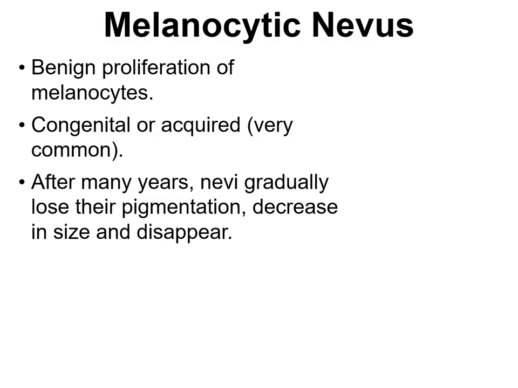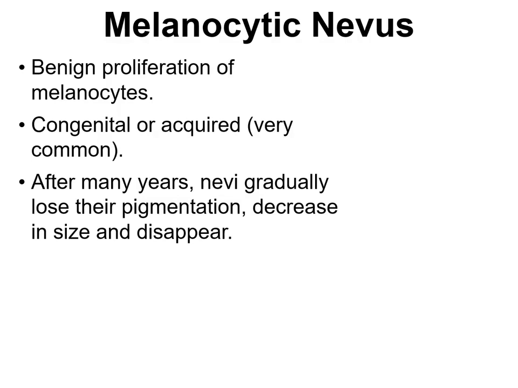So any patient born with a lesion or melanocytic nevus, after some time this lesion may become smaller in size or may even disappear and lose its pigmentation due to maturation of melanocytes.